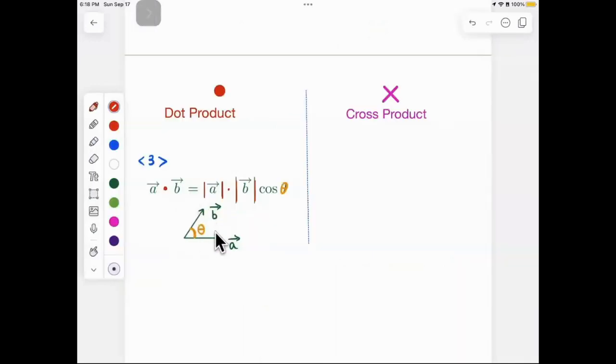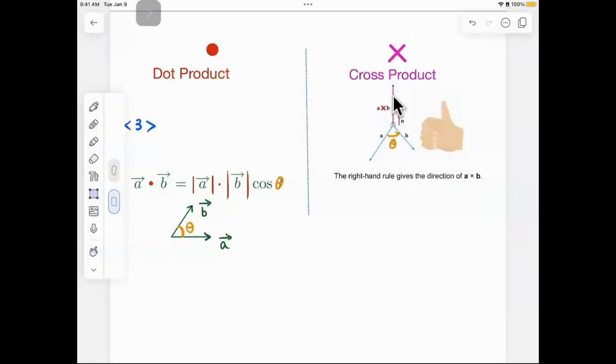For A dot B, if you look at the picture, if theta is the angle between the two vectors, then A dot B is equal to the product of the magnitude of A times the magnitude of B times cosine theta.